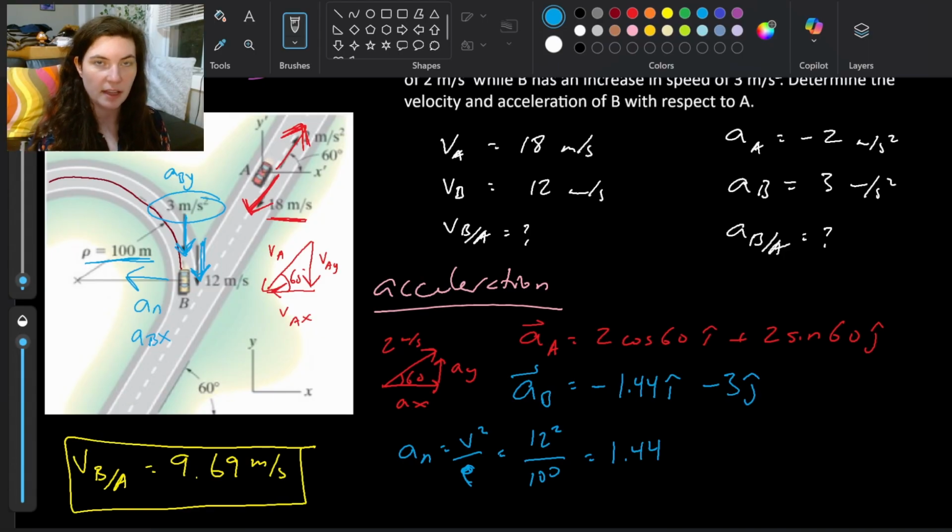So now that we've remembered all that, it's just a matter of doing that vector addition. Let's pop those into our equation. Our equation, of course, is acceleration of b equals acceleration of a, pretend that's an arrow, plus acceleration of b with respect to a, and that's an arrow too.